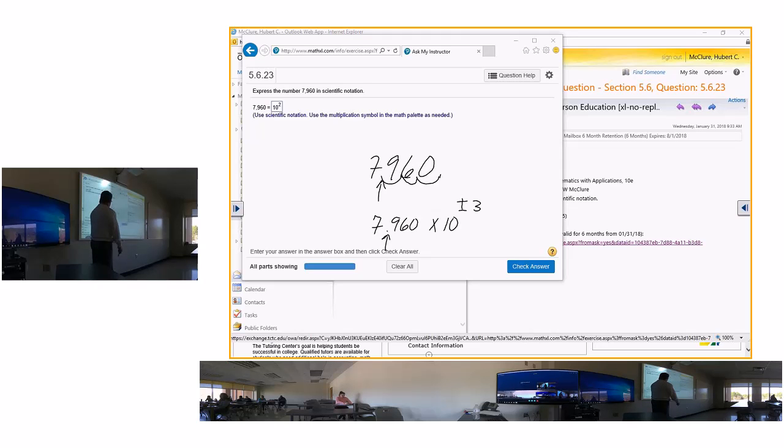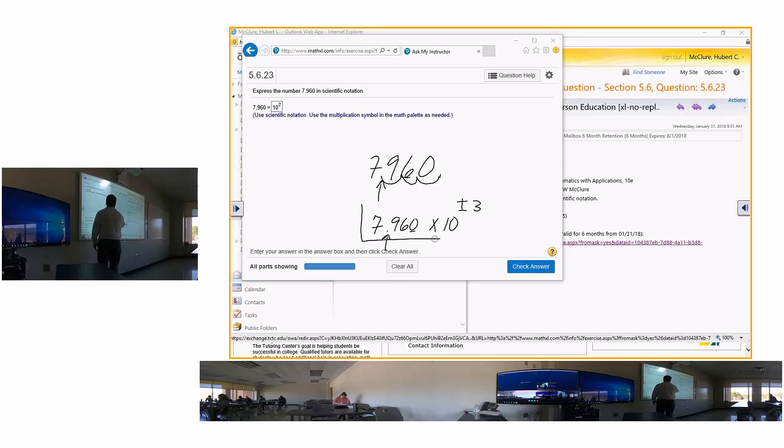But that 0 is kind of like a tail on a kite. You know, it's not really doing anything. Okay, because it's not between two numbers. Now, there's a 0 between this 9 and 6. You have to put it. It's called a placeholder. But here, this is not a placeholder. This is just like a tail on a kite. So you really can write 7.96 or 7.960, either one.